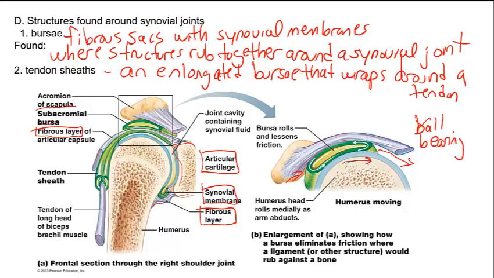And in this figure on the left, you can see the tendon, which is attached to a muscle called the biceps brachii. This tendon actually runs right through the synovial joint, and around it is a sheath of synovial membrane. So again, that's protecting the tendon so that when the joints move, the bones move, the tendon doesn't get worn down.